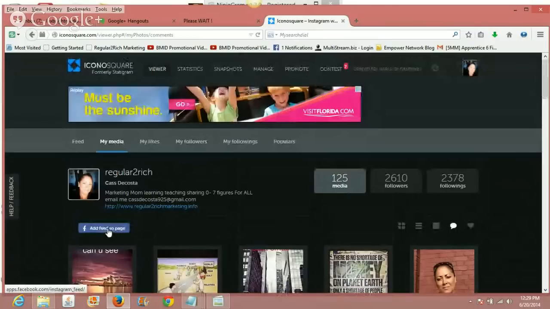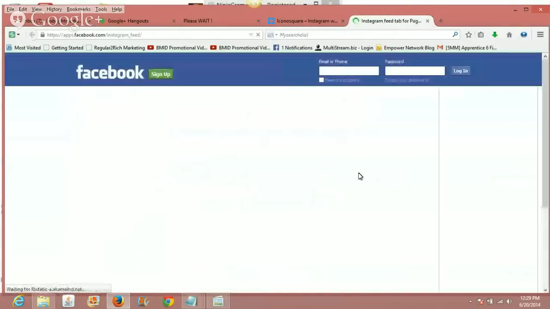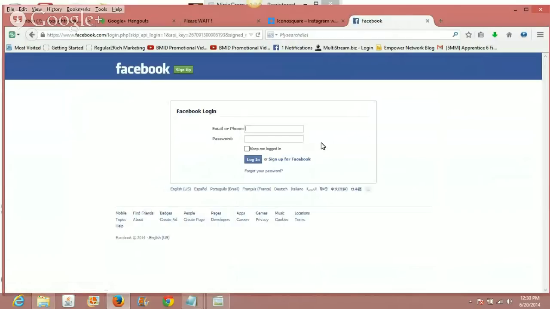You can add your Instagram feed to your Facebook page, which is a really cool idea. I would think about doing it because then you kind of get double the power, at least in my mind.